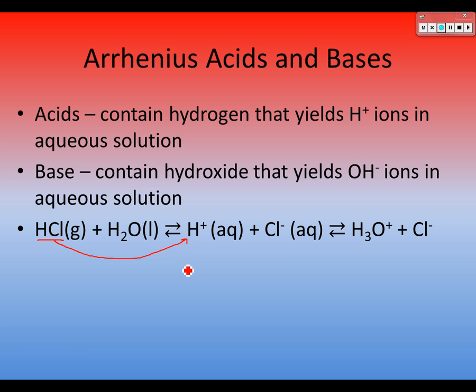Now, in reality, that H+ ion then interacts with the water, remember water's H2O, and forms H3O+. This ion here, I'm going to attempt to write this, is the hydronium ion. Hydro for water.